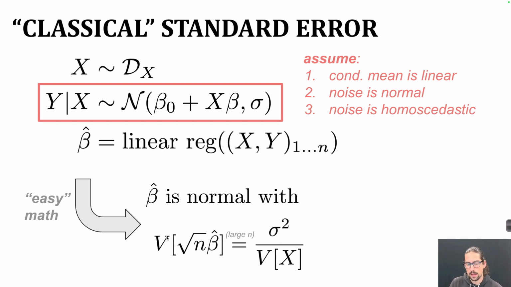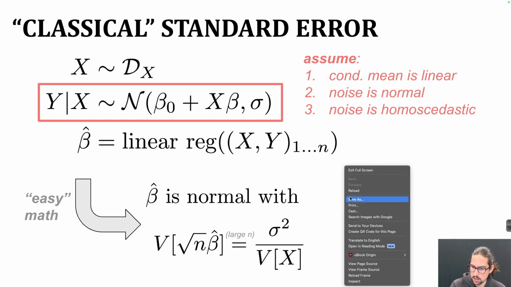For large n, the asymptotic variance of the coefficient is sigma squared, the noise variance, divided by the variance of x. So there's a little bit of intuition here.